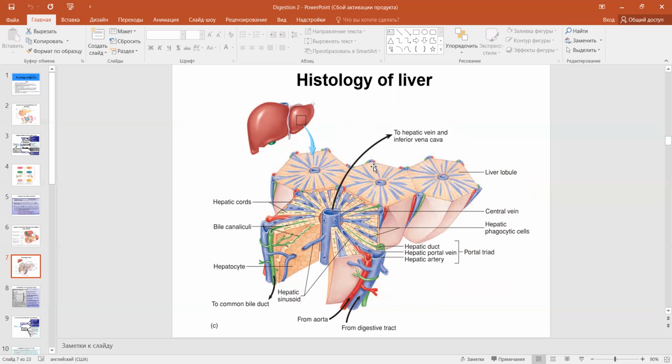Blood from the branches of both the hepatic artery and portal vein flows from the periphery of the lobule into the large expanded capillary spaces called sinusoids, which run between rows of the liver cells to the central vein like spokes on a bicycle wheel.